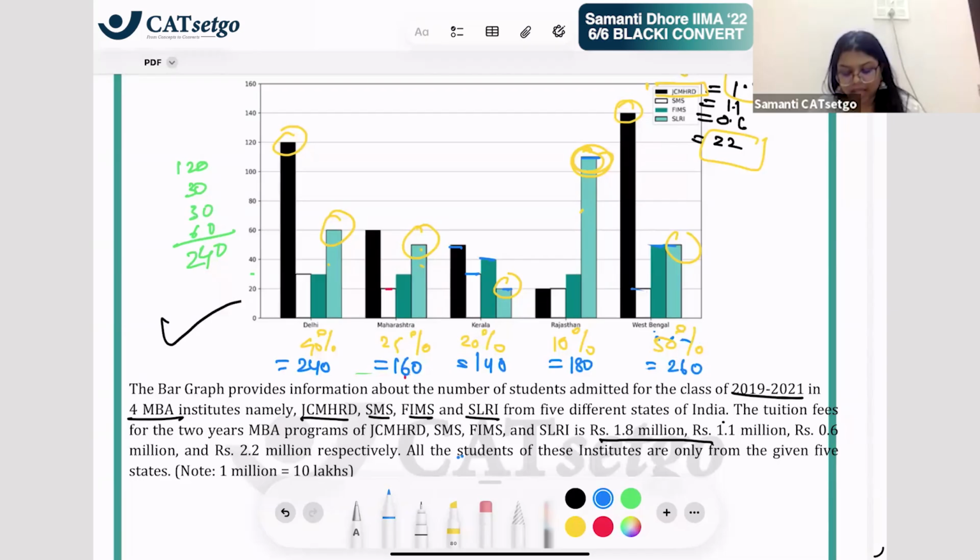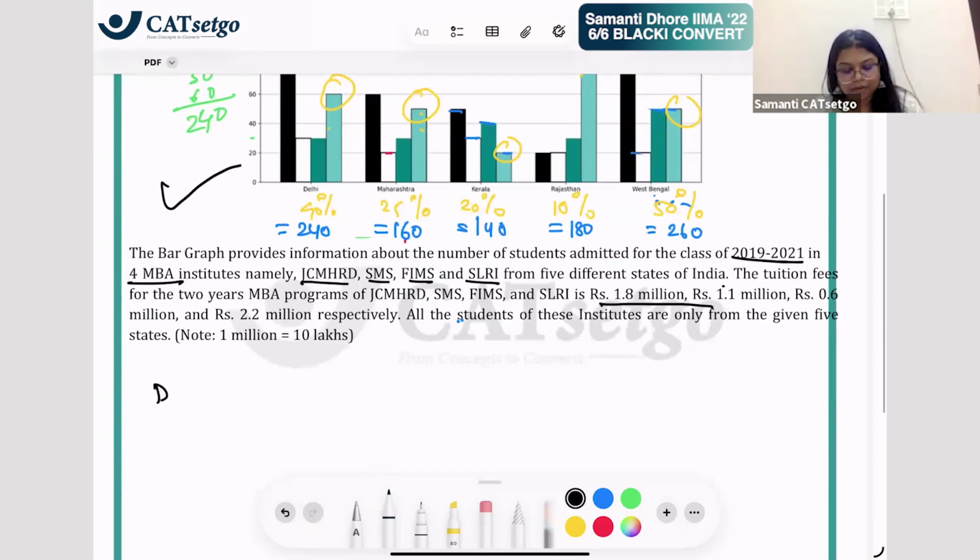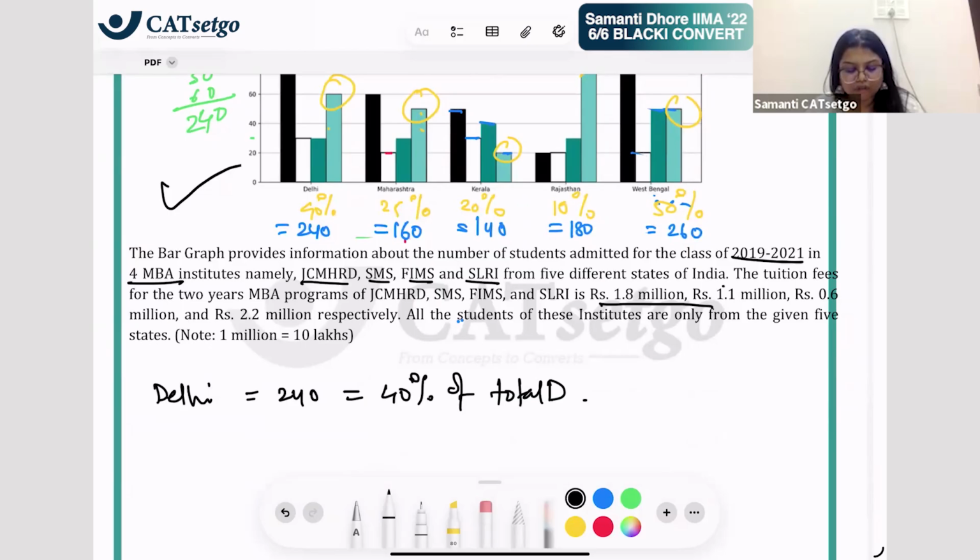Now out of this total they are saying that the number of people who got selected in Delhi, this 240, were actually 40% of total Delhiites who had applied. Right? So how many total applicants from Delhi were there?